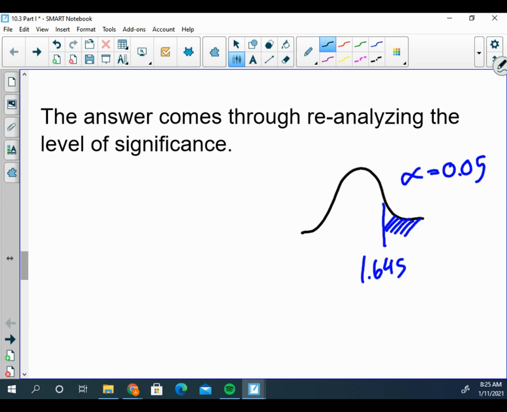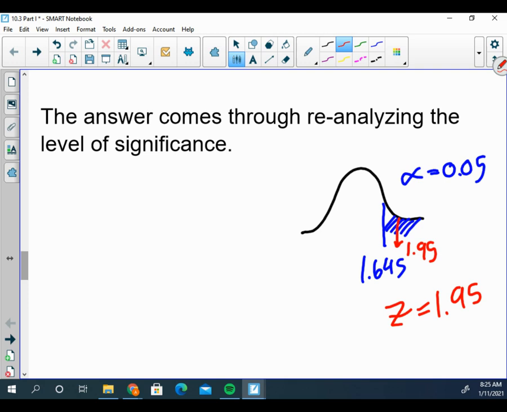So when we got a data value like 1.95, we said we would reject the null. This was our test statistic. But we asked ourselves, if that blue line moves, are we going to have to rerun the whole test? We'll know if we start thinking about what's in red in terms of an area.